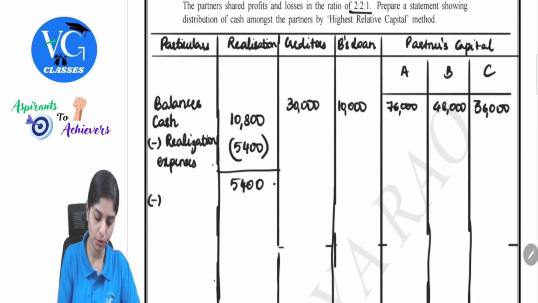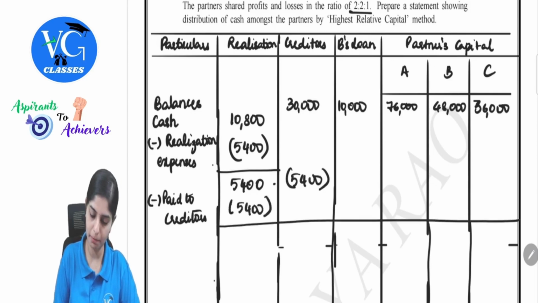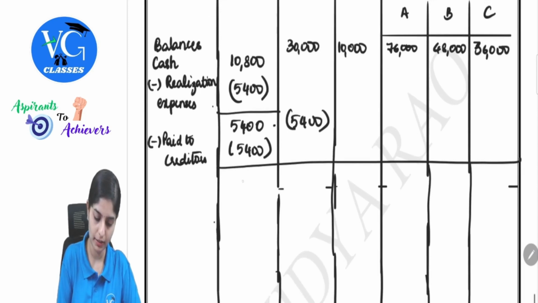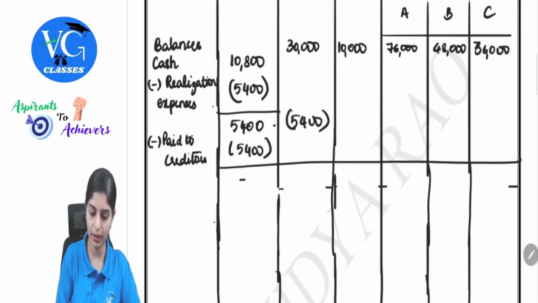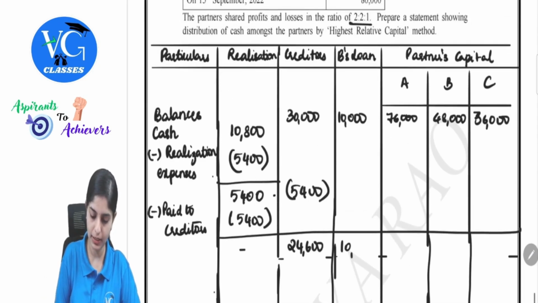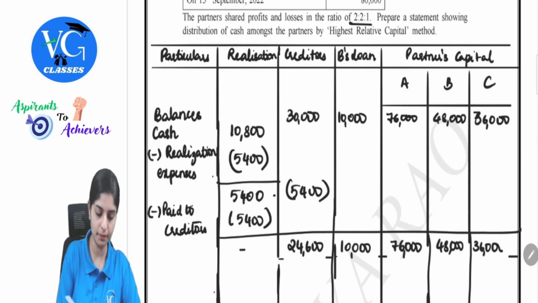So this can be used to pay creditors 5,400. So after completing the cash realization, this is nil. So 30,000 minus 5,400 will be 24,600. I will bring down the same balances: 10,000, 76, 48 and 36,000.